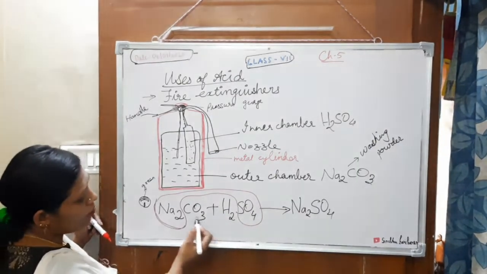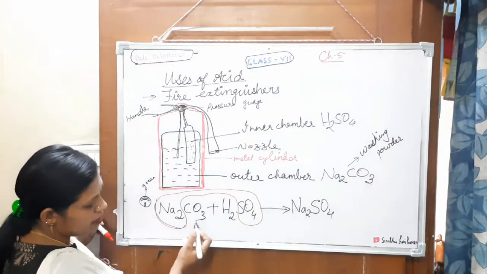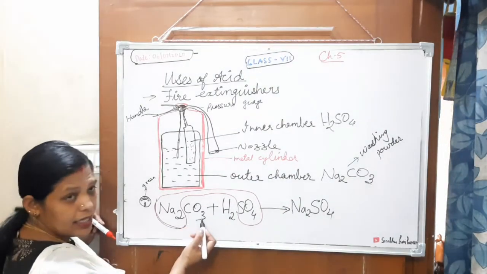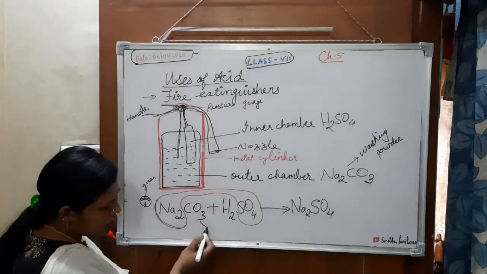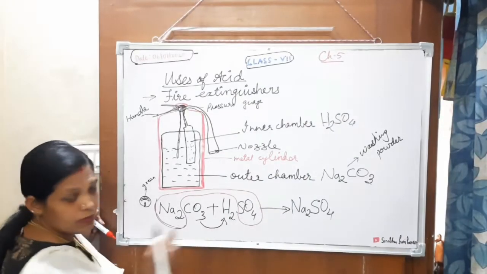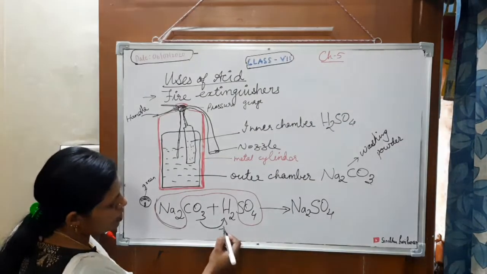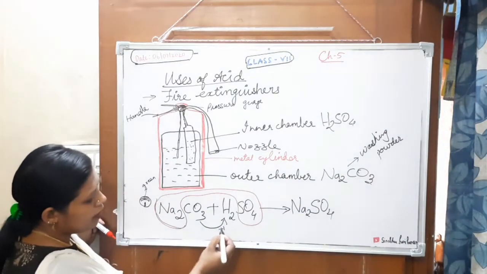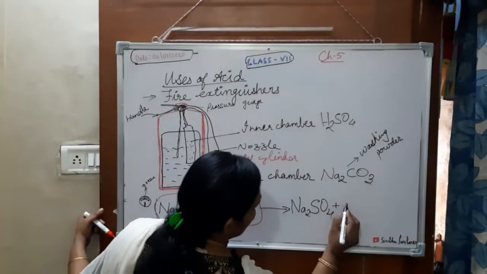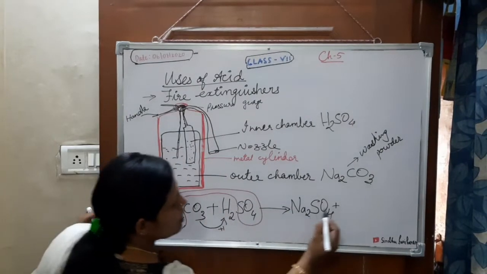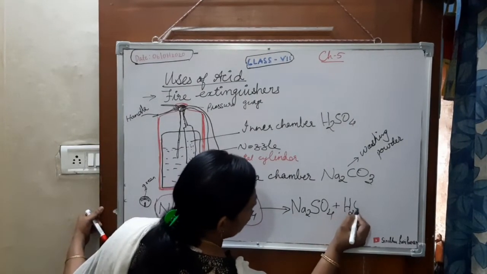Now see what else there is: carbon 1 and oxygen 3 molecules. From this, one oxygen goes there, and here it is losing one. If one goes there, then water forms, right? H2O.